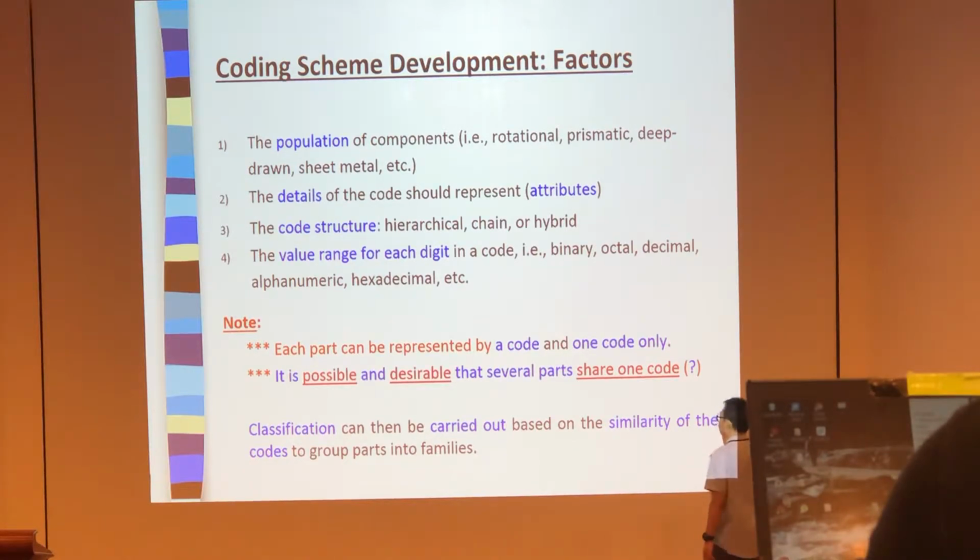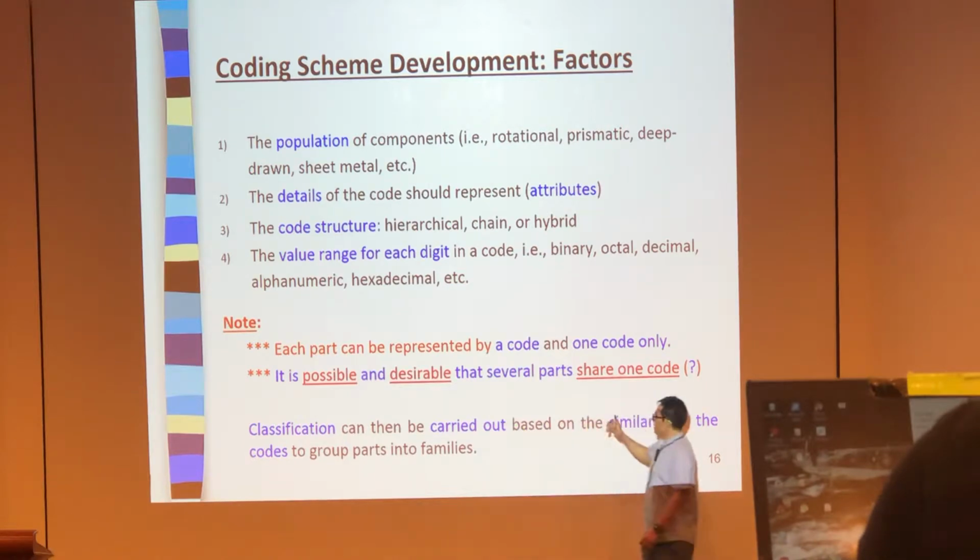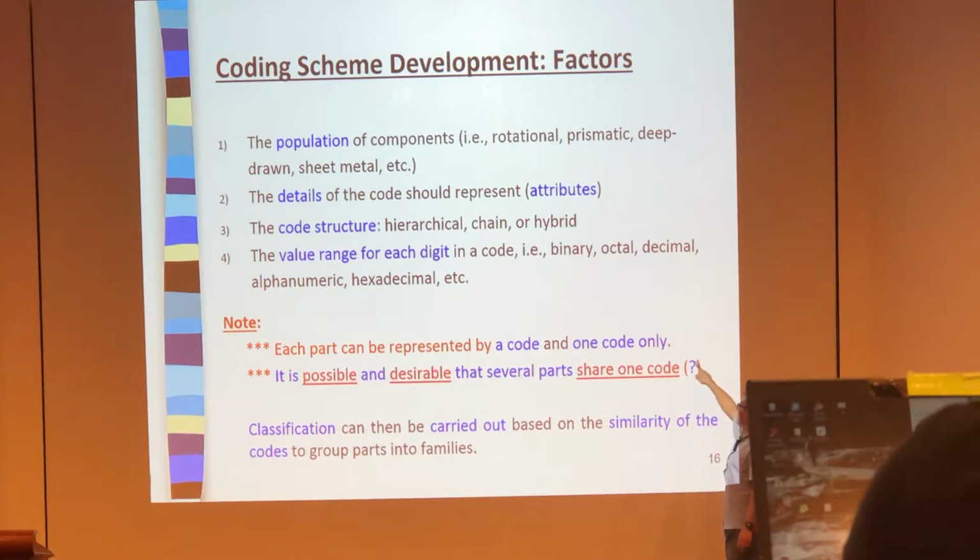But at the same time, before we look at whether this is true, it is possible that several parts share one code. I put a question mark there. True or not? True, right? Because no matter how long a code is, no matter how many possible values each digit could have, the information represented by a code still cannot be compared with its own drawing.